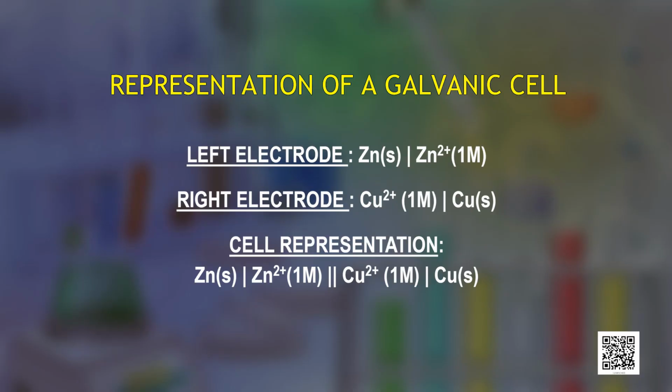The salt bridge separating the two half cells is represented by 2 vertical lines. So, the final representation of the cell looks like Zn, vertical line, zinc ions, 1 molar concentration, double vertical lines, copper ions, 1 molar concentration, single vertical line, copper.